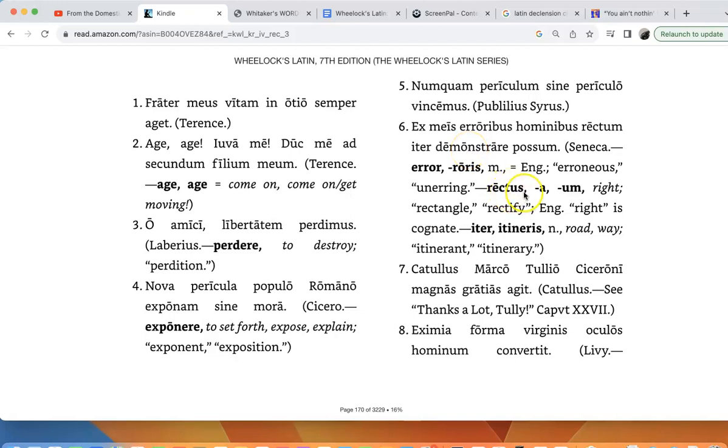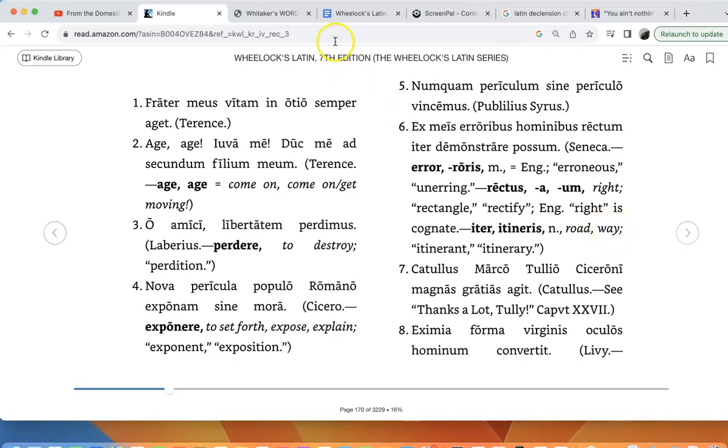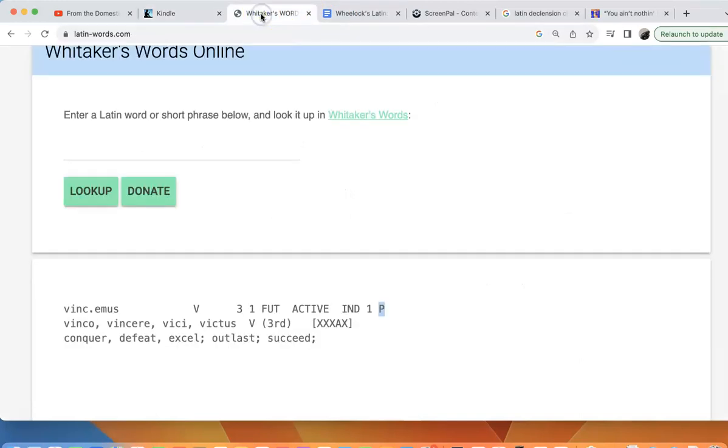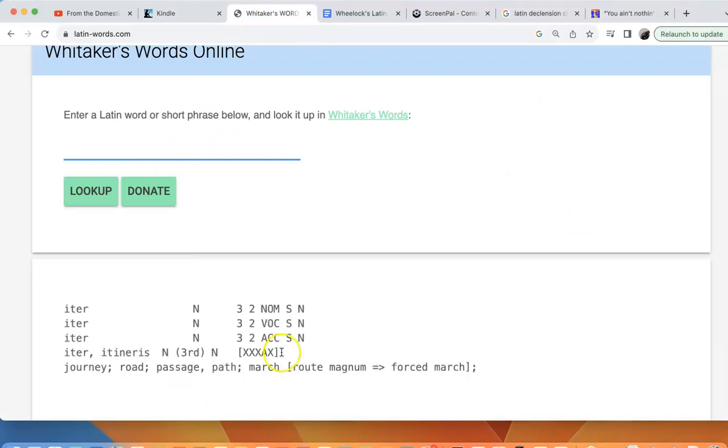And then here we have an adjective, which they give us. Remember, if it's in italics, that's the translation. These are some words in English that are derived from it. But then iter is actually the direct object in this case. This one's a little bit trickier because, once again, we're going to have to look up words. Because the ending is third declension accusative singular.